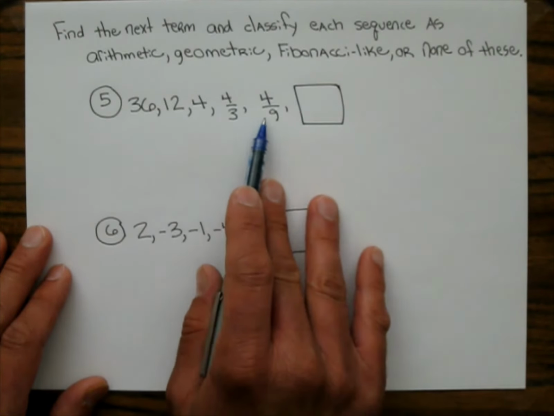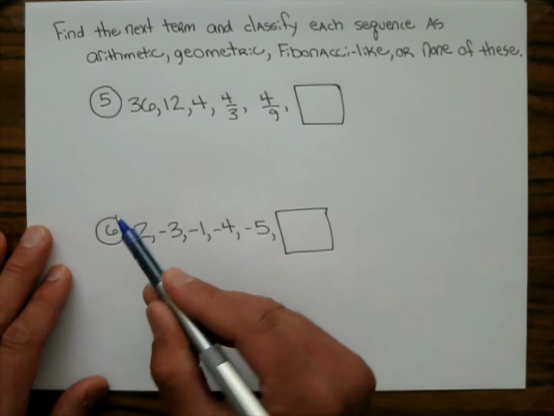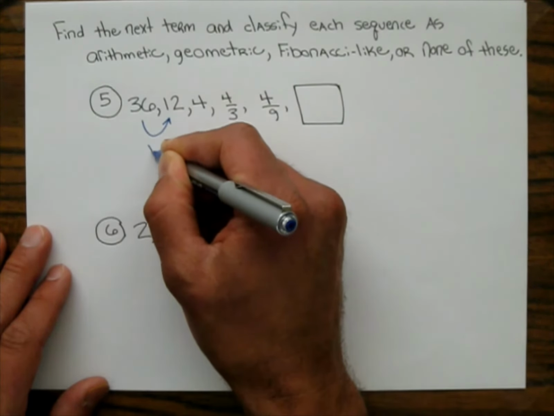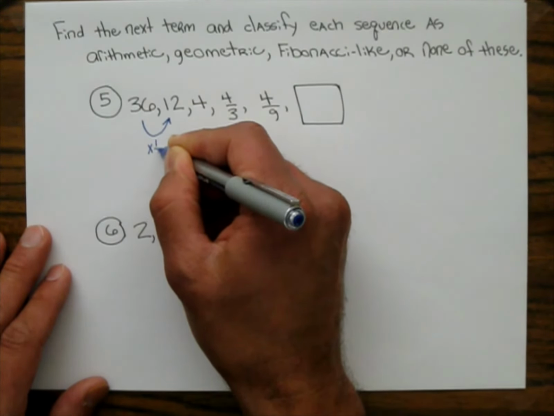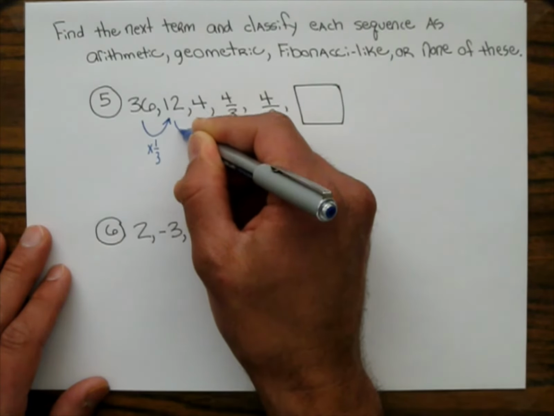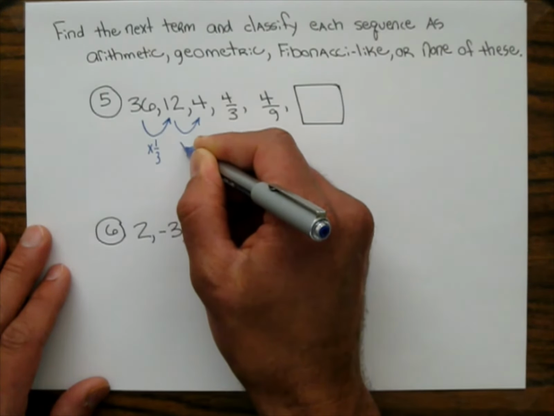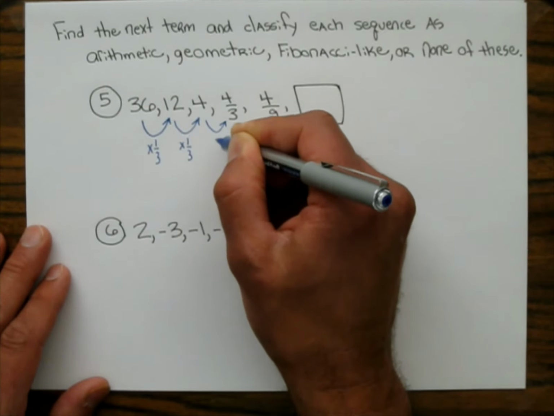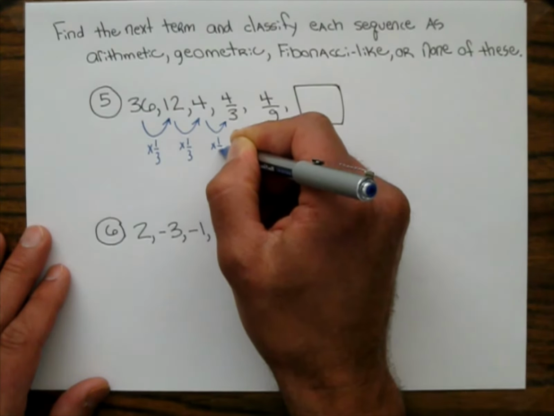So this one looks like we found the pattern, which is divide by 3, or another way of saying it is multiply by 1/3. And some of you like divide by 3 better. It just sounds better. But when we say multiply by 1/3, it might help us with this last one here.